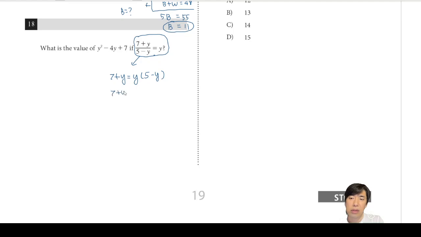Let's expand this: 5y minus y squared. So let me move this thing over here. So y squared minus 4y plus 7 is equal to 0. Basically, this is this, so this value must be equal to 0. That's the answer.